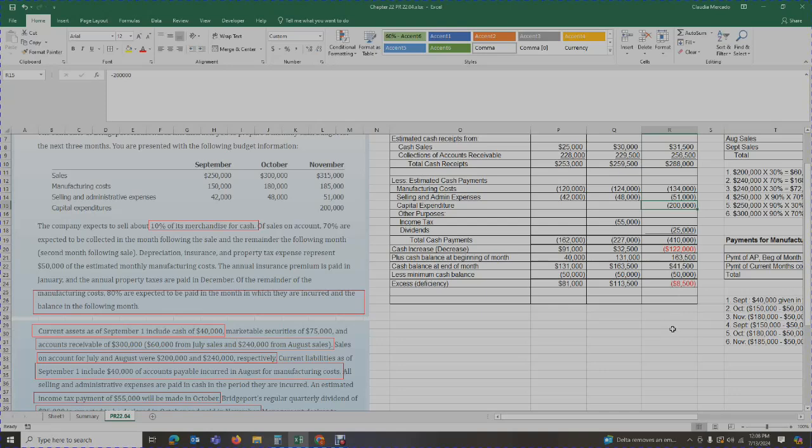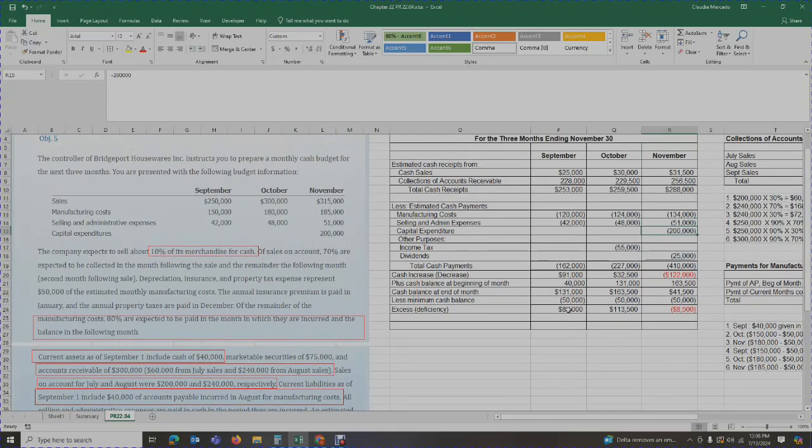At the end of September and October, the cash balance is going to exceed the required balance. If you notice, we've got the $50,000, and on top of that, we have quite a bit more money left over, and that can be used for temporary investment. You don't want to have your money just sitting there, not earning any interest. So usually businesses have that minimum requirement of cash.